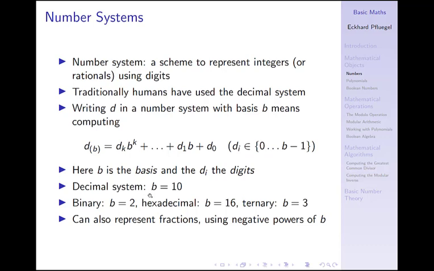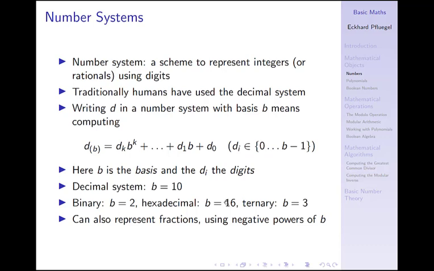Another system that's quite popular is the hexadecimal system, also used in computer science. So here, the basis is 16. So the different digits would be 0, 1, 2, etc. until 15. So you wonder how you would express the digits.